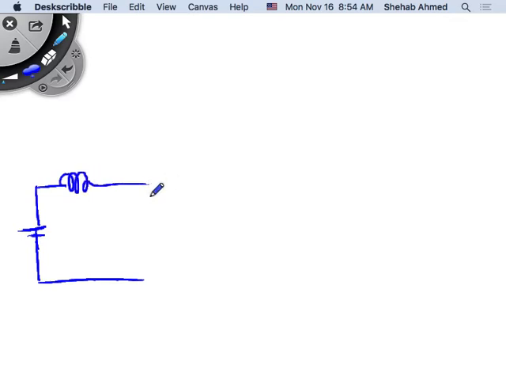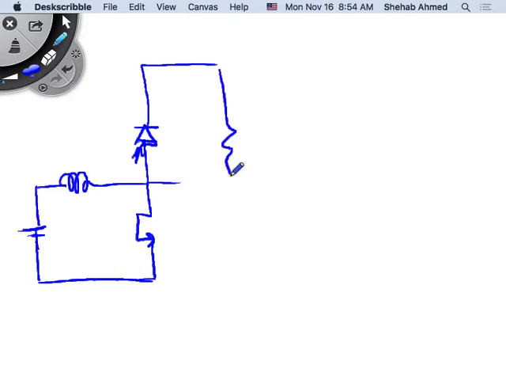If you look at what I did, this was my switch, this was my diode. This is inductor current, right? This is switch current.